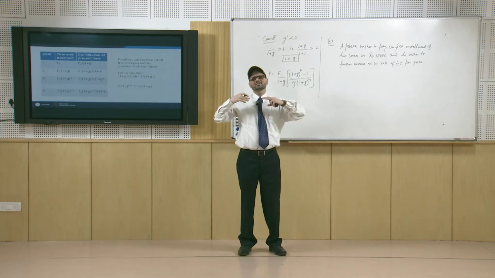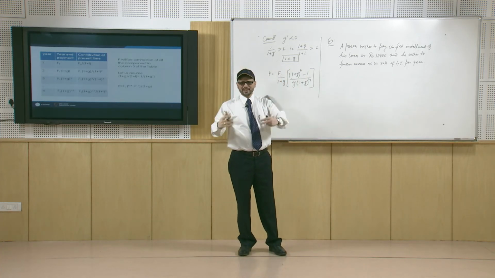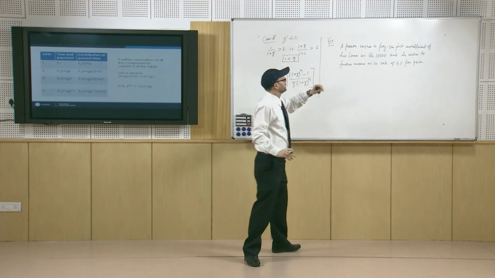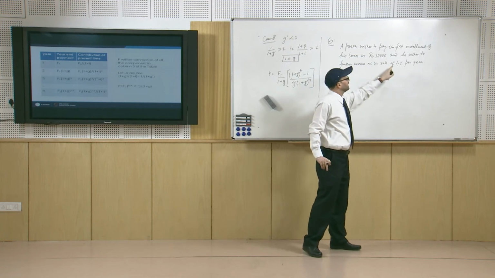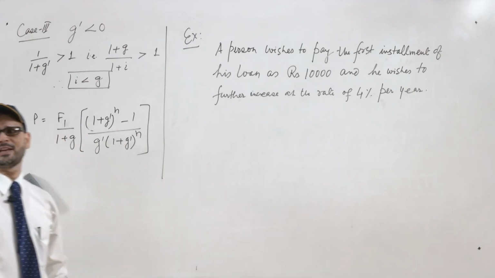Assume that he is paying the installment at the end of the first year as 10,000 and he wants to increase at the rate of 4% per year.